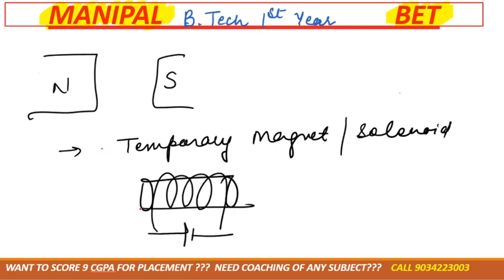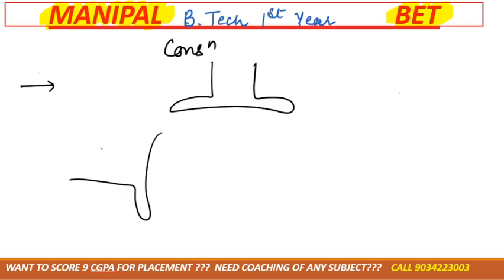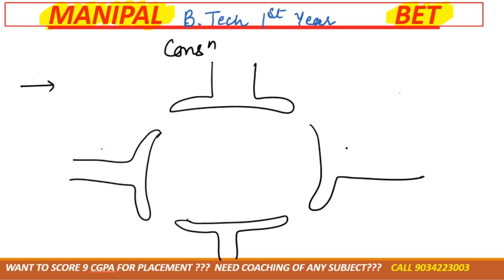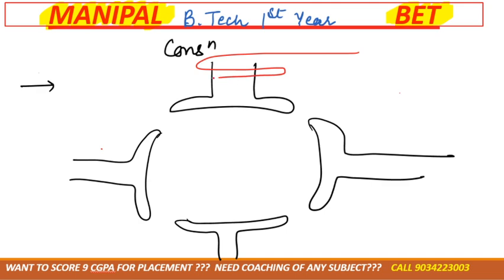Then the iron bar becomes a magnet, with a north pole here and a south pole over here. Again the magnet is here. Take a shape like this of an iron bar, then with the winding, make it a magnet.